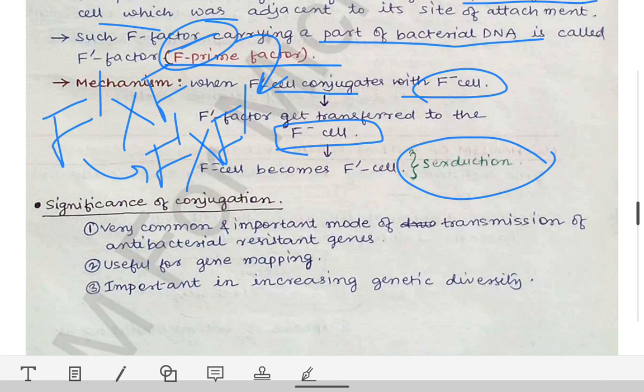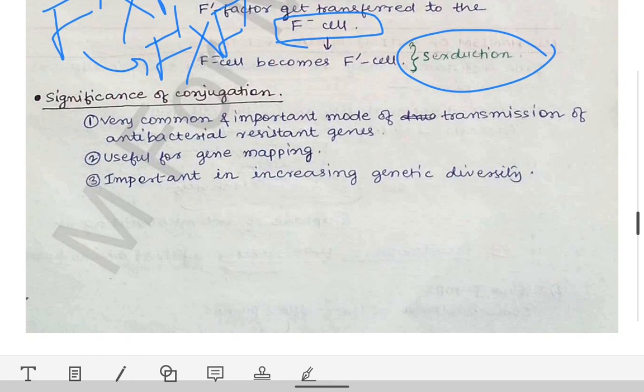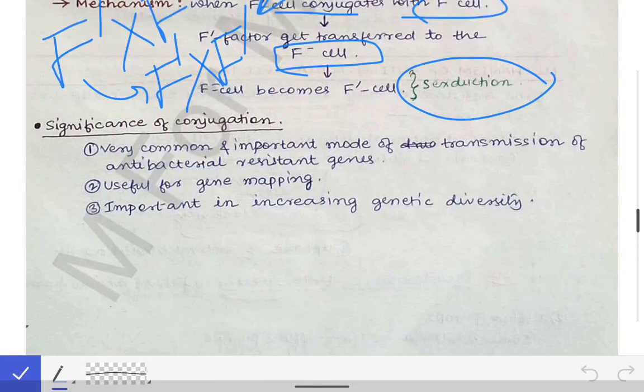I hope I was able to make you all understand this complex topic of conjugation. Let's see the significance of conjugation. It is a very common and important mode of transmission of antimicrobial resistance. In fact, conjugation is the most common method of antimicrobial resistance transfer among bacteria, except in Staphylococcus aureus, where the most common mode is transduction.